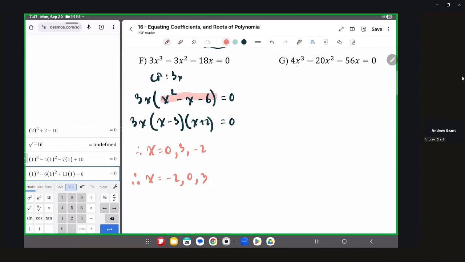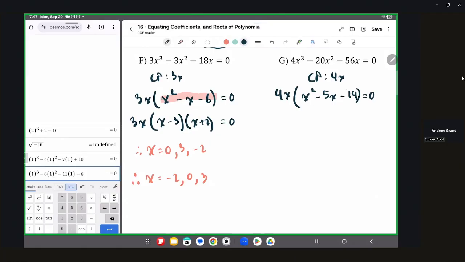So for g, if we have 4x to the power of 3 minus 20x squared minus 56x, we appear to have a common factor of 4x. So if we take 4x out of this, 4x goes into 4x cubed, x squared times. 4x goes into negative 20x squared, negative 5x times. And 4x goes into negative 56x, negative 14 times, equal to 0.